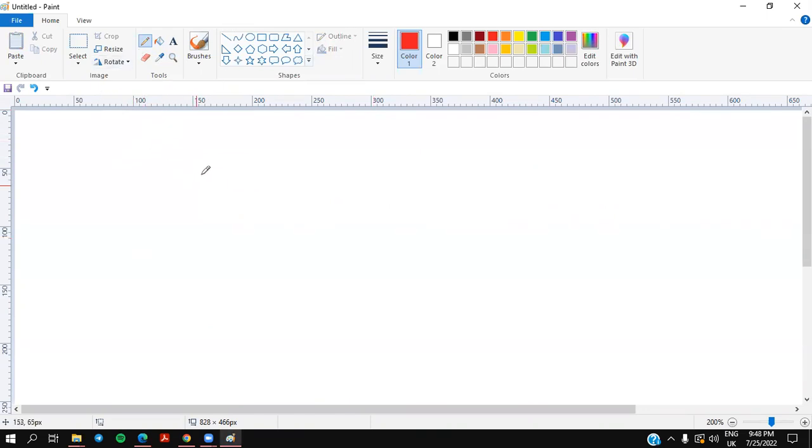To draw it, first I will draw the water molecule, OH, H, and a ketone molecule. This is R1 and this is R2. The oxygen atom over here contains 2 lone pairs of electrons.